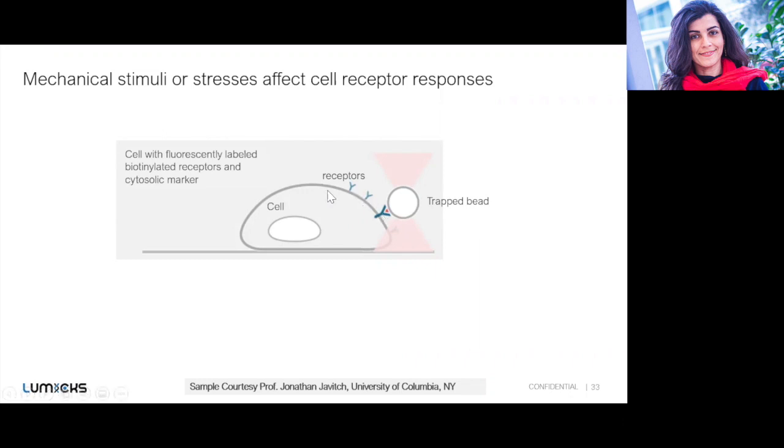For example, this group has used C-trap and they fluorescently labeled their receptors on the membrane of the cell, and they also biotinylated these receptors, and then they bring a trapped bead that is functionalized with streptavidin close to that cell.